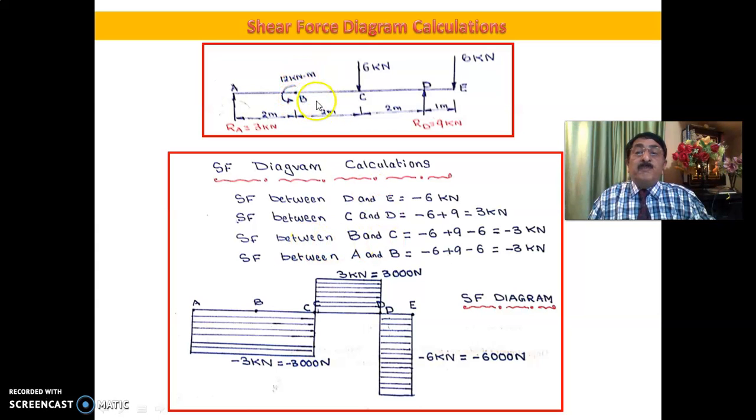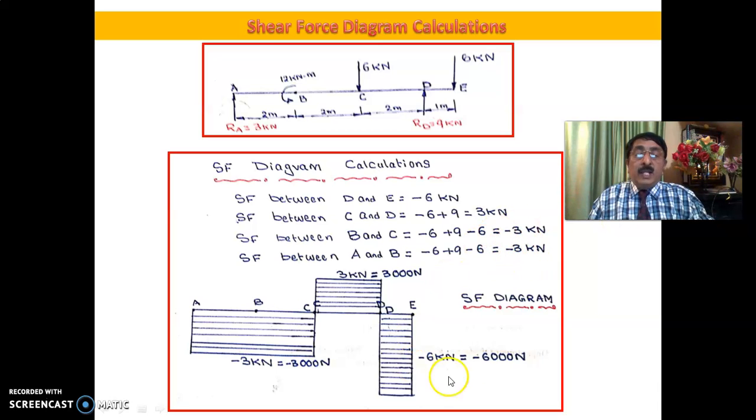Did you follow? Shear force between B and C is minus 6 plus 9 minus 6, that is minus 12 plus 9, which is minus 3 kilonewtons. Again, shear force between A and B is the same, minus 6 plus 9 minus 6. For shear force calculations, this moment will not come into the picture. So minus 3 kilonewtons only.